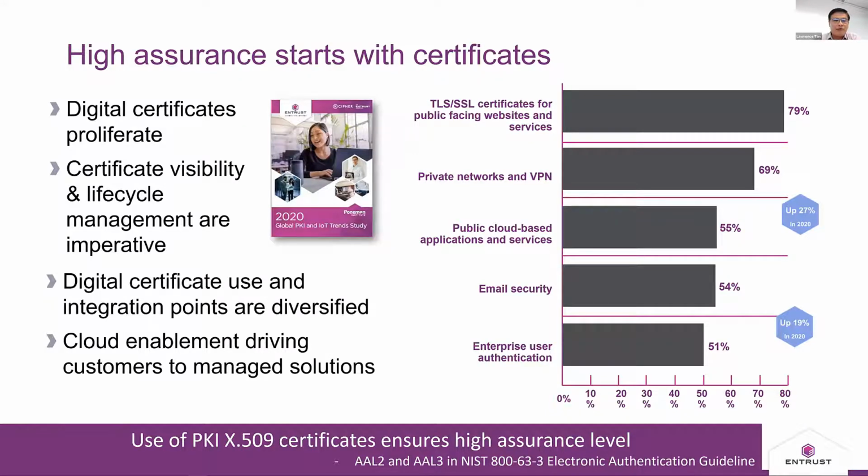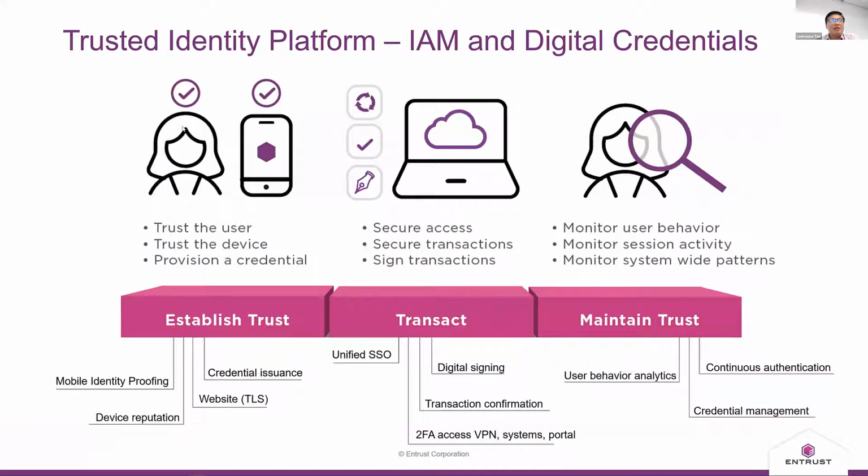So from our perspective, the trusted identity platform will involve three different aspects to ensure that the digital assets are secure. The first one is to establish the trust. That is very relevant when we have a new user who wants to access the system.